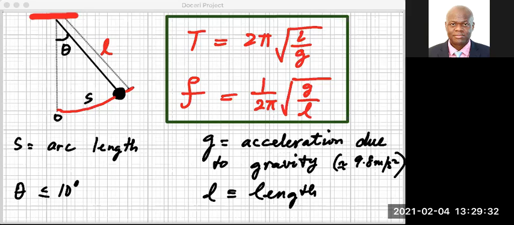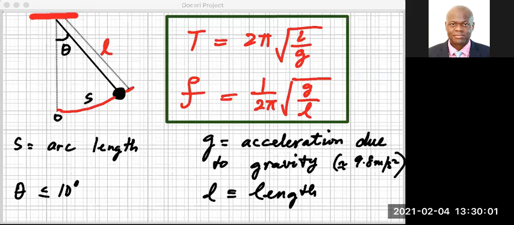The equations in this box, we're not going through the derivation because it's probably a little bit beyond the scope of this class, but these equations are derived based on the fact that the angle is small. If the angle is not small, then you cannot use these equations, because they will be much more complex. So that explains the simple in simple harmonic motion.